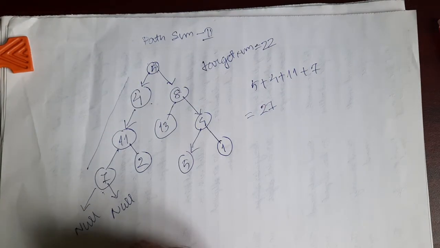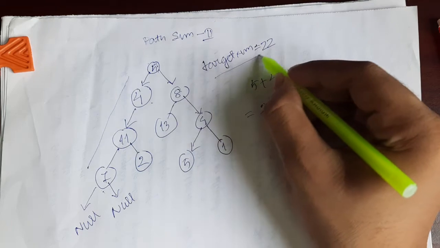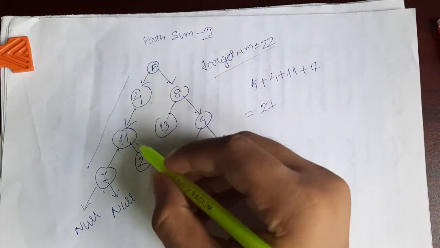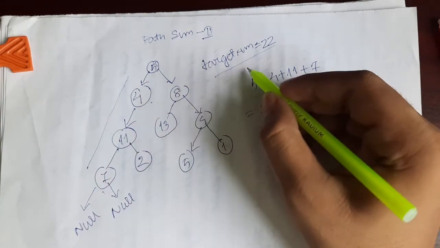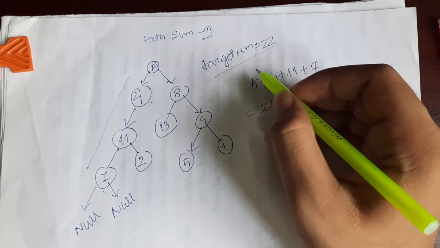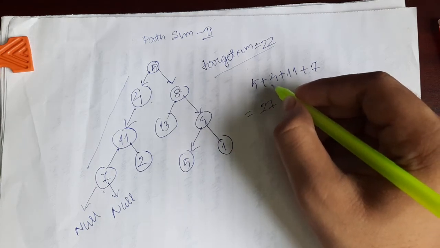So we need to find if there is a path where the sum of the nodes from root to leaf is equal to target sum, and if yes, then we'll add that to another vector.